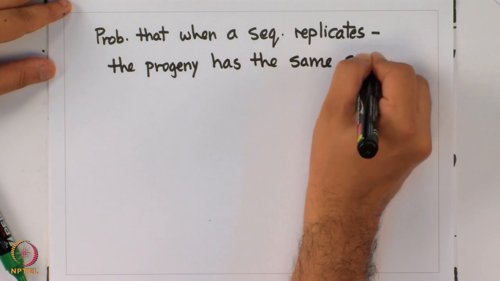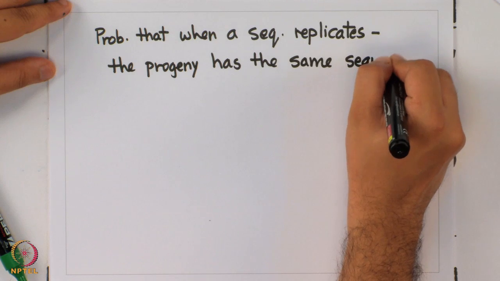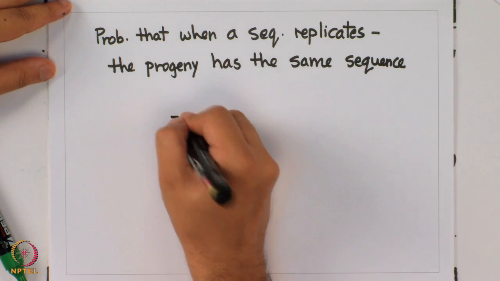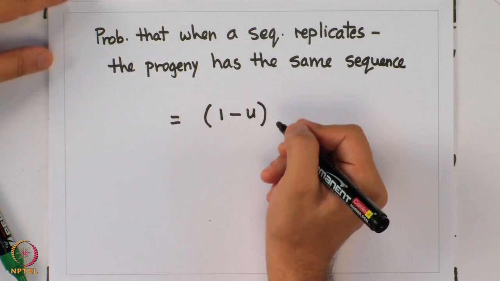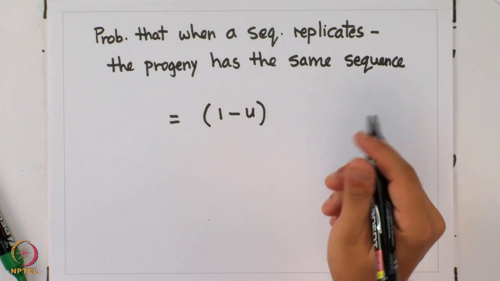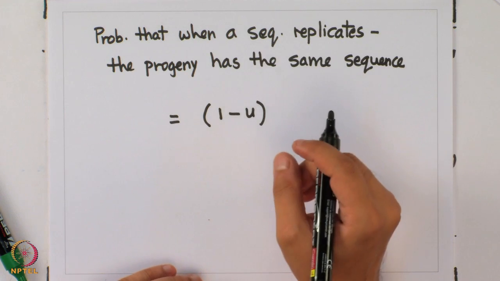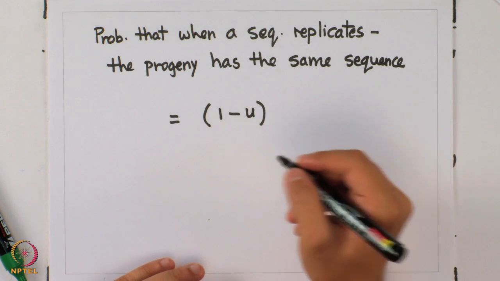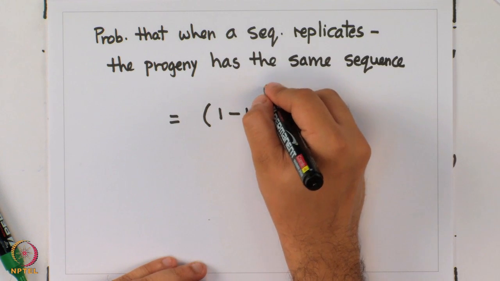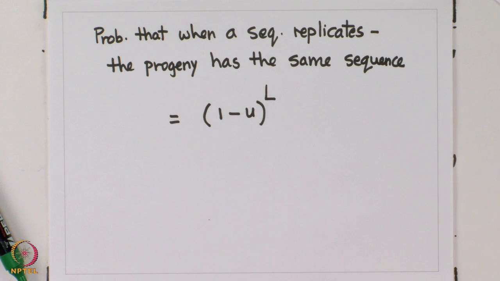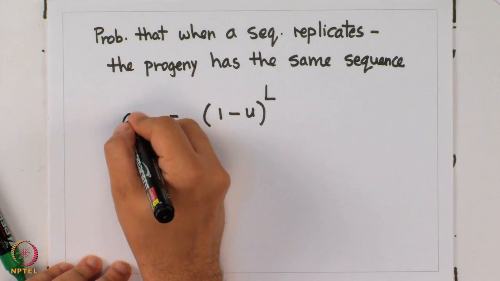That means during the process of replication, no error occurred, and this is equal to 1 minus u, which means that no error happened during replication for a particular base, but that needs to happen for all L bases, which is the length of the DNA sequences that we are talking about. So, the answer for this is 1 minus u to the power L. That is the probability that replication was identical and mutation did not happen. Let us call this probability Q.